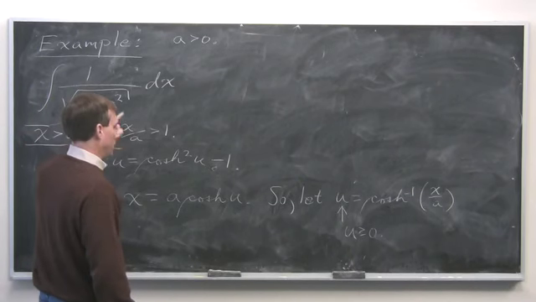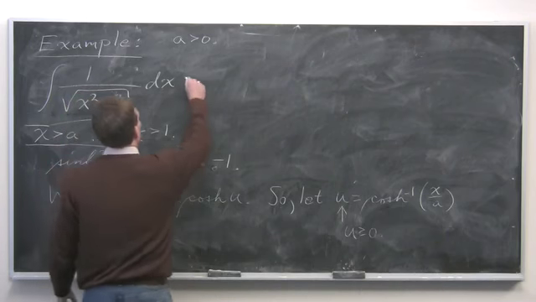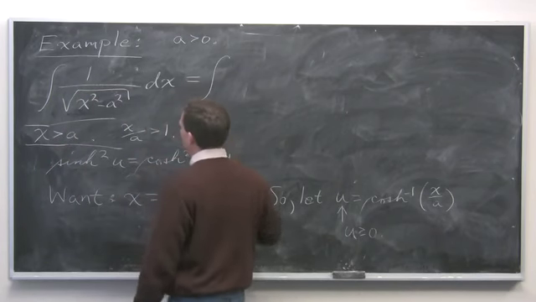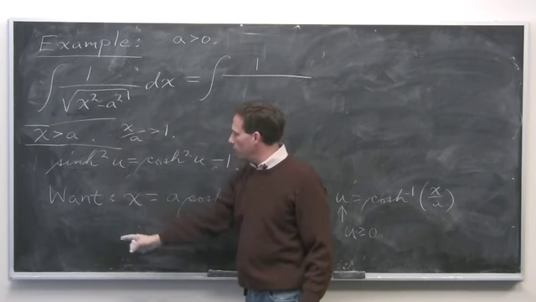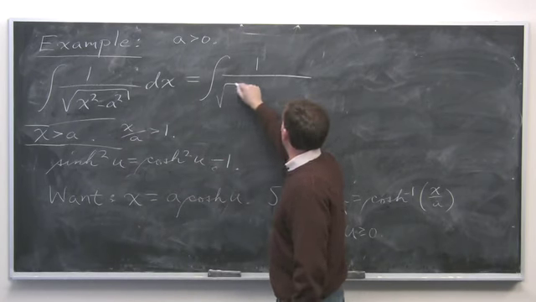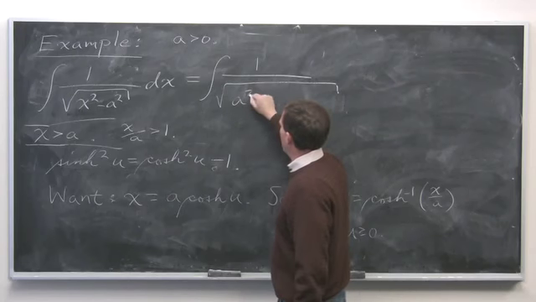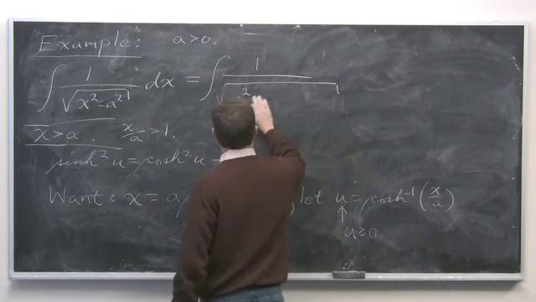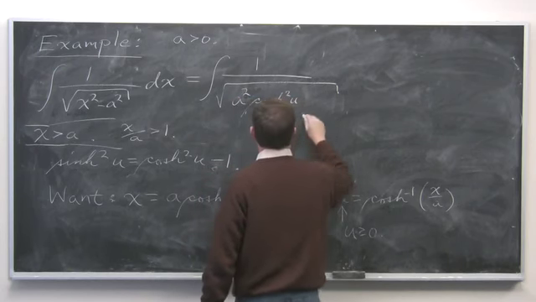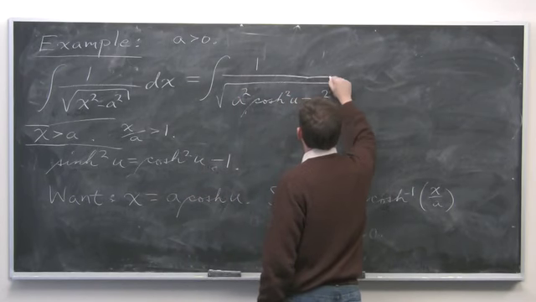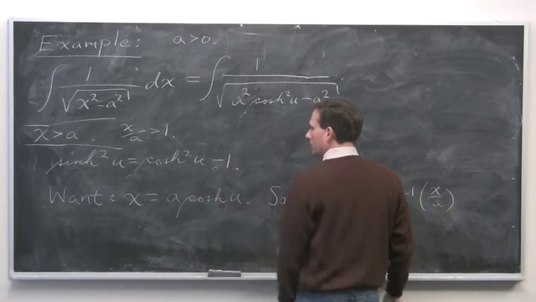All right, but now that we've said all that, you do essentially what we did in the last problem. This is now 1 over the square root of x squared minus a squared. That's the square root of a squared hyperbolic cosine squared minus a squared. dx is the derivative of this times du.